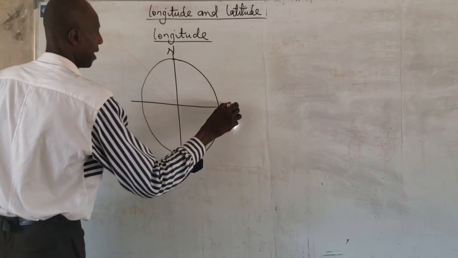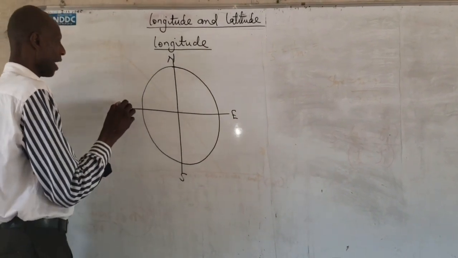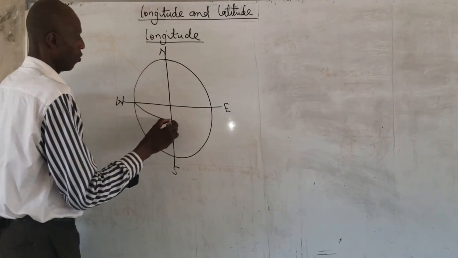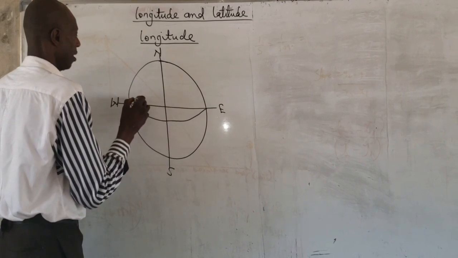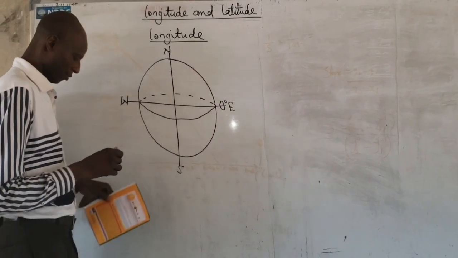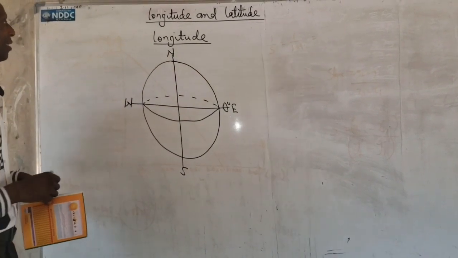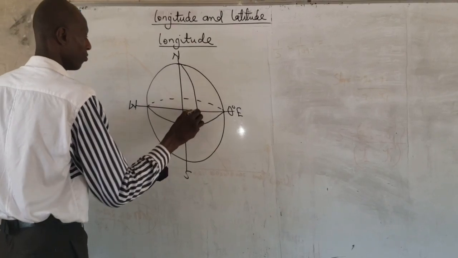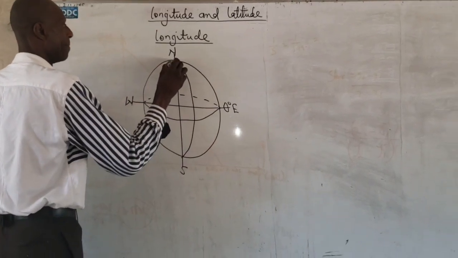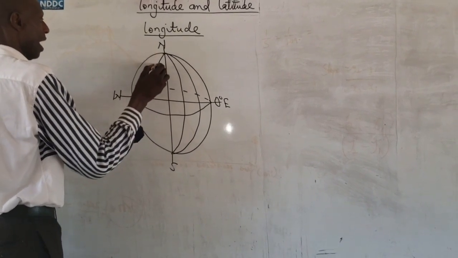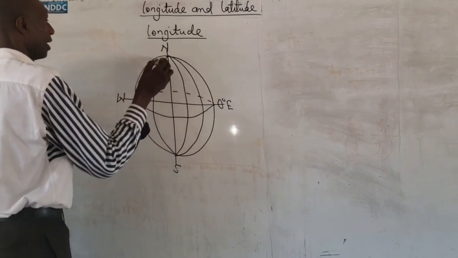Here is the East, and here is the West. This is the equator, and the equator is 0 degrees. So longitude are lines that run from the north to the south, and they are measured in degrees.